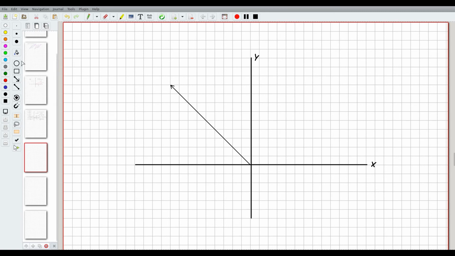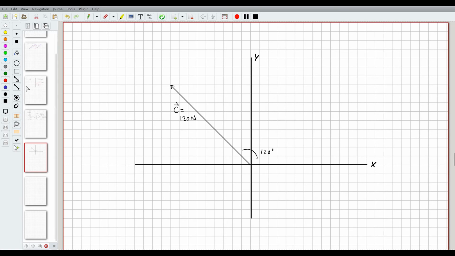Like this. This angle right here, 120 degrees. I'm going to call this vector right here C. It has a length of 120 newtons.